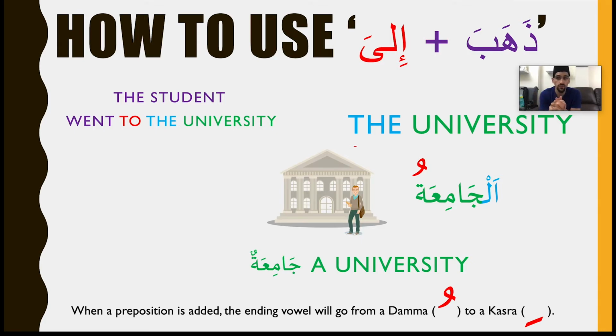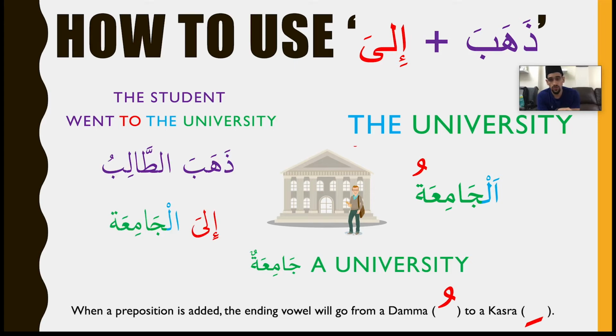We're going to say the student went to the university. ذهب الطالب إلى الجامعة. First we learned how to say ذهب, meaning he went. Then ذهب الطالب, the student went. Then إلى, meaning to. Then إلى البيت, to the house.